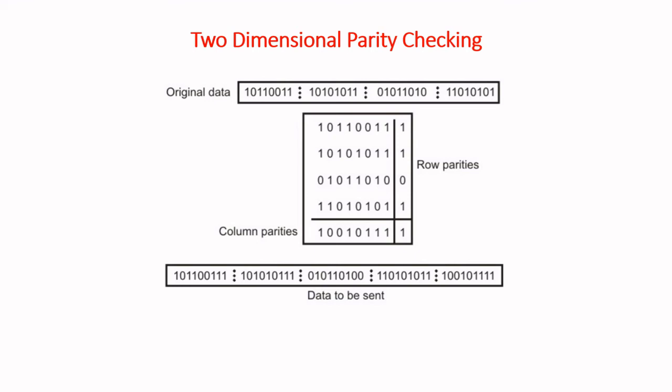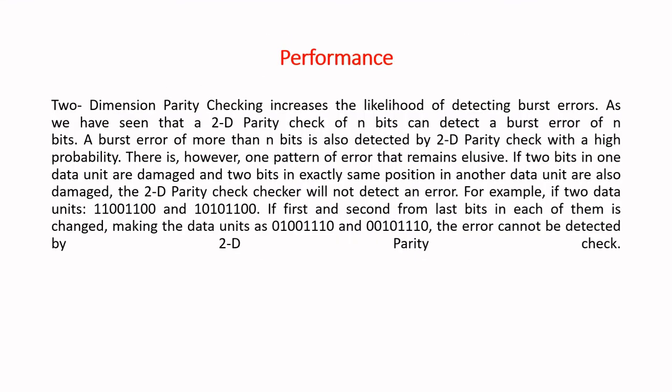Of the performance. Two-dimensional parity checking increases the likelihood of detecting burst errors. As we have seen, a two-dimensional parity check of n bits can detect a burst error of n bits. So burst errors can also be detected with the help of two-dimensional parity check. A burst error of more than n bits is also detected by 2D parity check with a high probability.